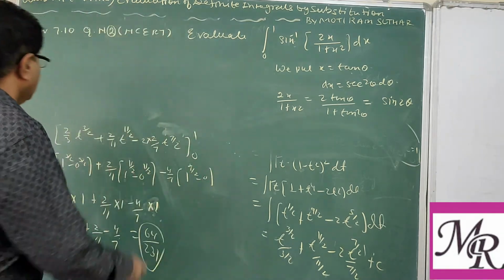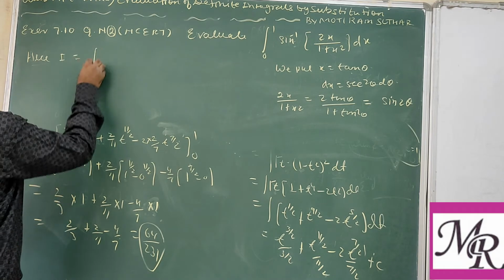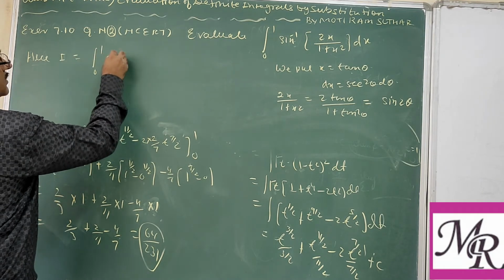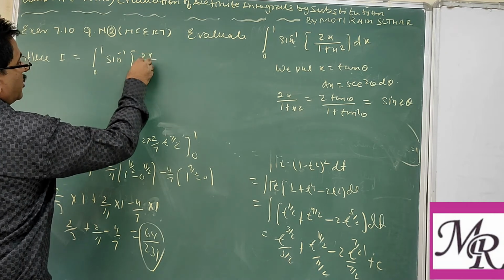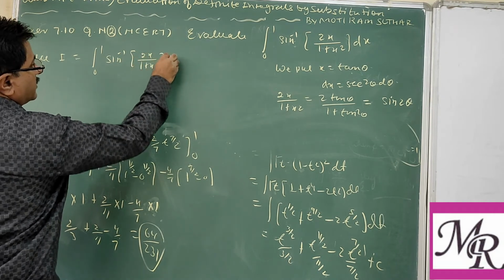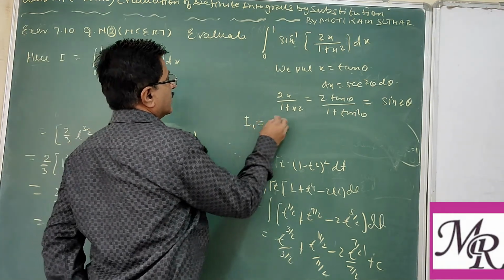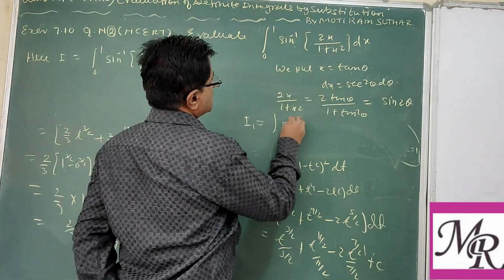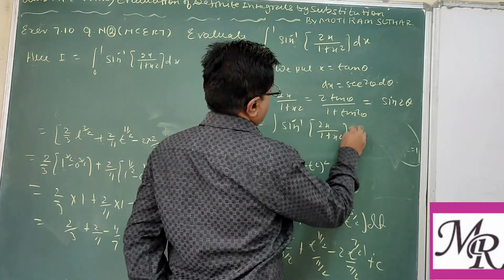So here, say, I equals integral from 0 to 1 of sin inverse of 2x upon 1 plus x square dx. So we take the indefinite integral as sin inverse of 2x upon 1 plus x square into dx.